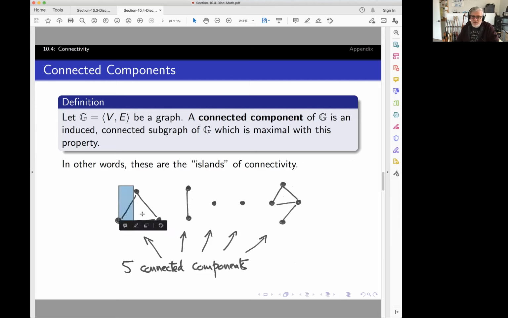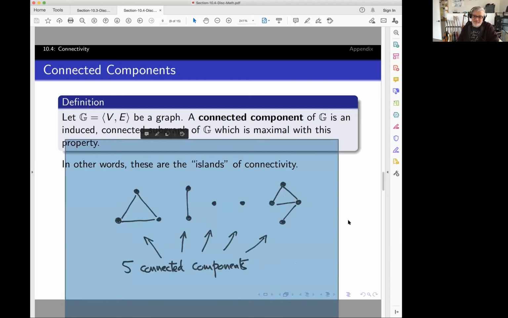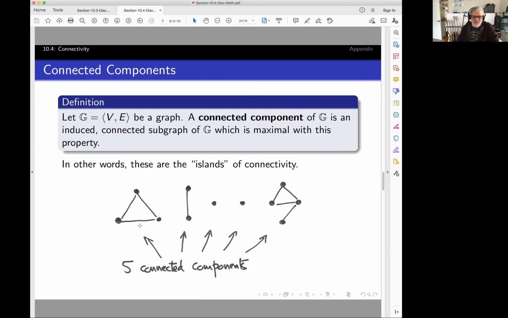It's not big enough. I have to include everything that is connected to that piece. So it's an induced subgraph which is connected, it should be connected, but it's as big as possible. Okay, so that's what a connected component is.